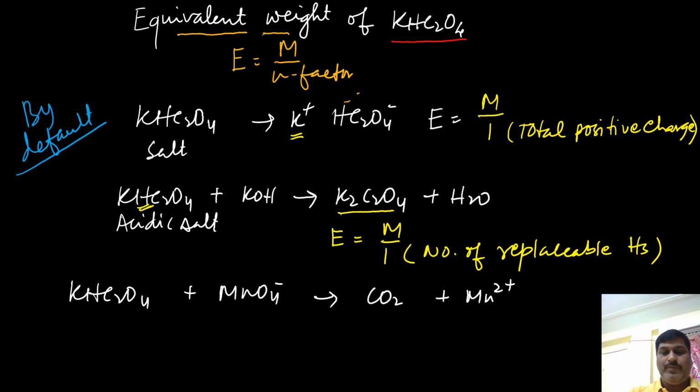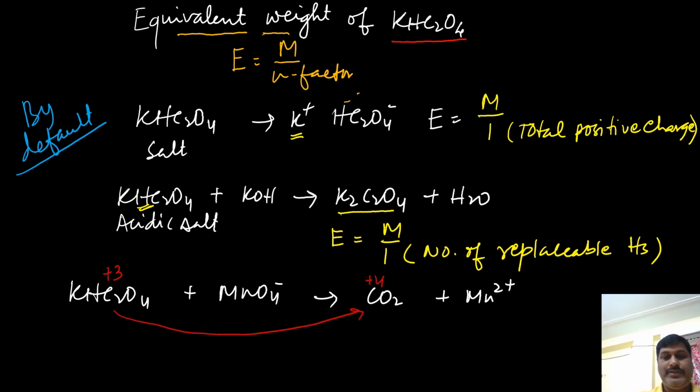In this case you will observe that in this KHC2O4 the C is oxidized to CO2. Here the oxidation state is plus 3, and here the oxidation state is plus 4. This is oxidized. Here MnO4 minus is acting as the oxidizing agent, and this one is now acting as the reducing agent where oxidation takes place.